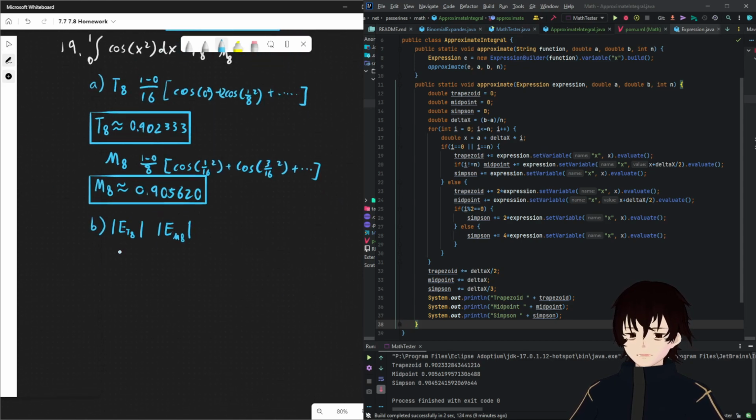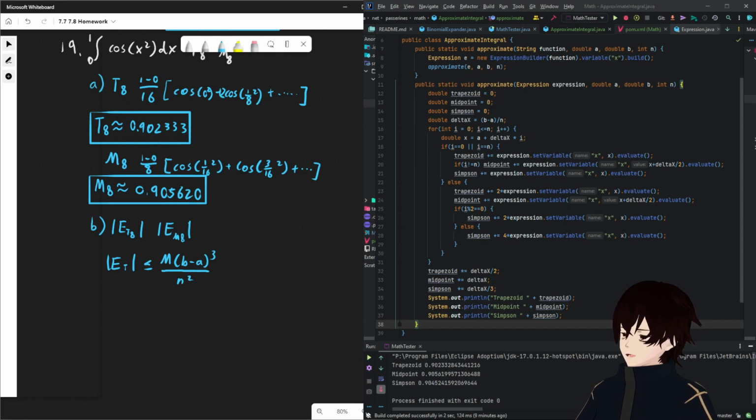Okay, well, the absolute value of E of T is going to be less than or equal to M times (B minus A) cubed over n squared. Was that it? Oh no, poor memory. It's 12 n squared.